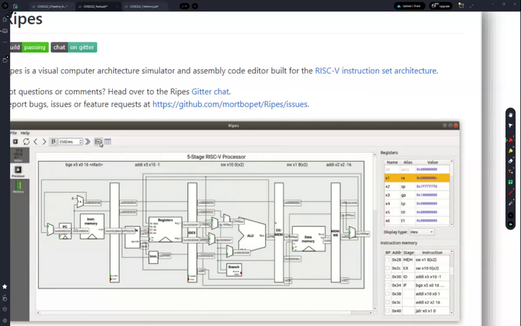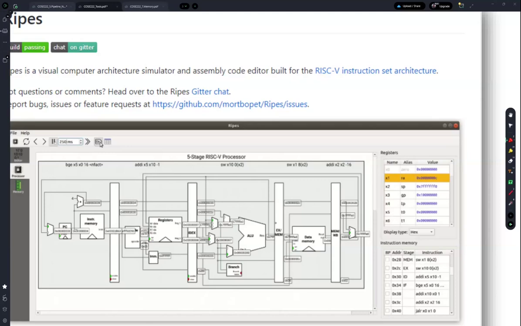Right? So I think this is a very useful tool. So I believe you can use this tool for understanding the behavior of the 5-stage RISC-V pipeline processor, right?